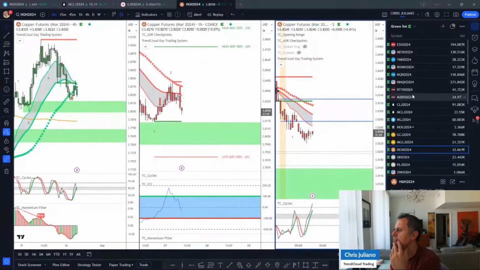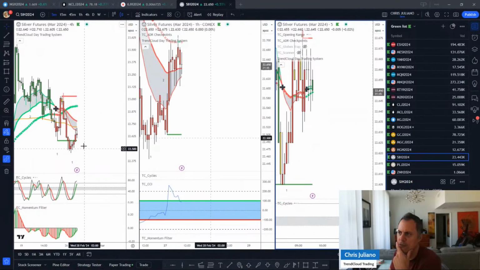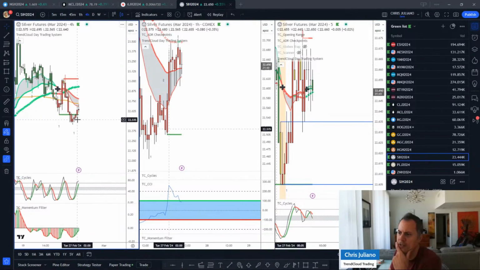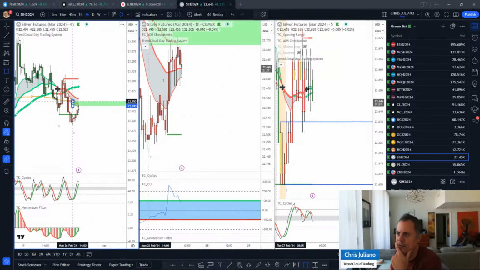Okay. Silver did break through to the downside on the high time frame. Pulling back, right? This is a corrective move, cycling up in a downtrend. So we're cycling up into that trend cloud right there.